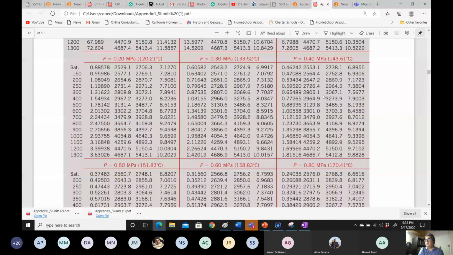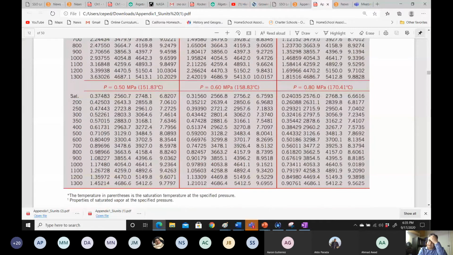We have a 0.5 column here, and on the first column here are the temperatures. You can see saturation. That's the lowest. Actually, that doesn't belong in this table, but it's used as a reference. You can actually get this one from the saturation tables. This is basically saying it's a higher temperature than saturation, so it pushes you into the superheated range.